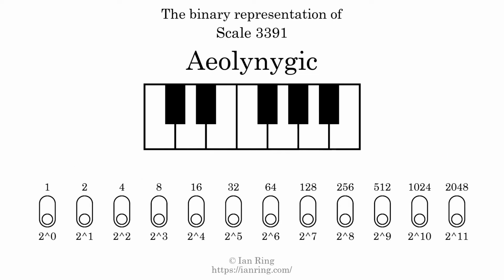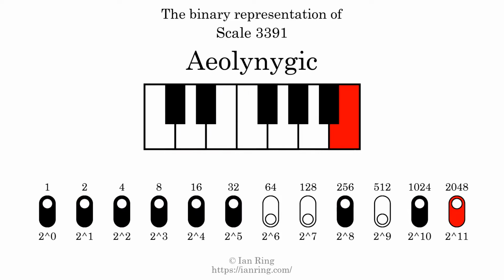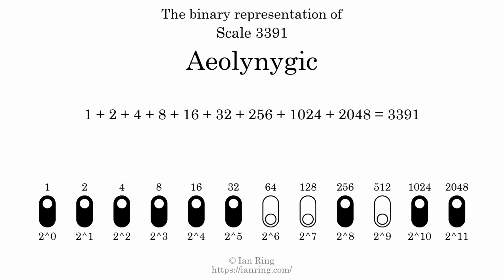The binary representation of this scale is determined by mapping tones of the scale to binary digits. Each binary digit represents a power of 2. To get the scale number, we add the powers of 2 together. The powers of 2 that are present in the scale, all added together, equals 3391.